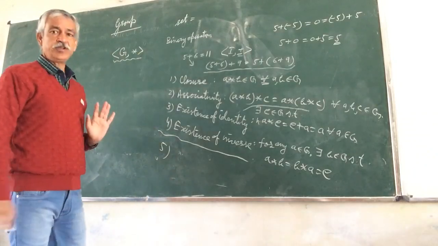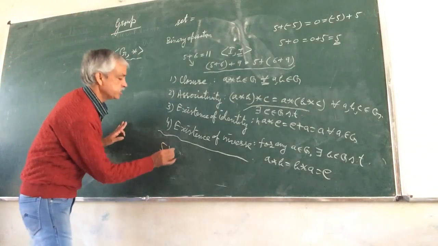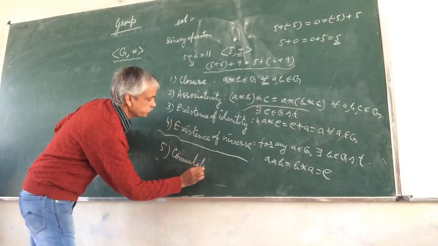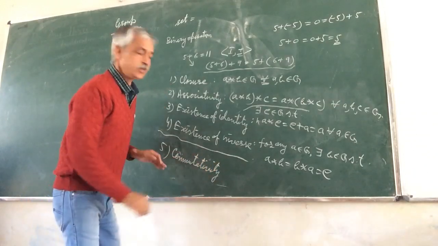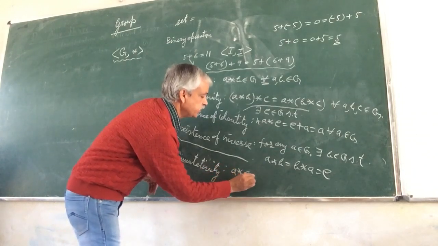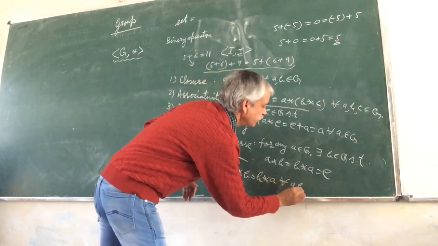These four are enough to define a group. But if another fifth property is satisfied, this property is called commutativity, and symbolically it can be written as A star B is equal to B star A for all A, B belonging to G.